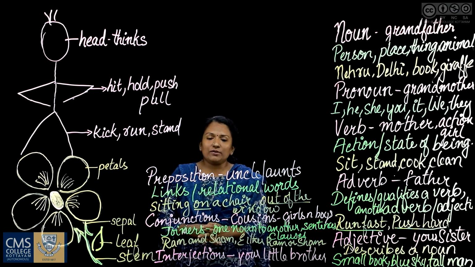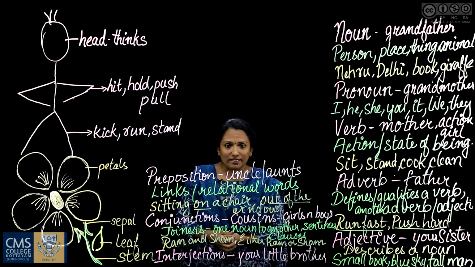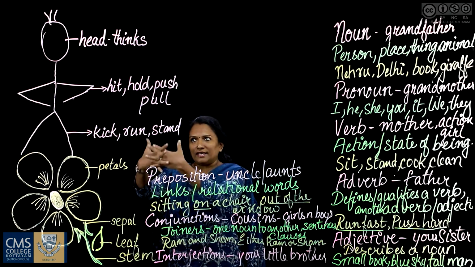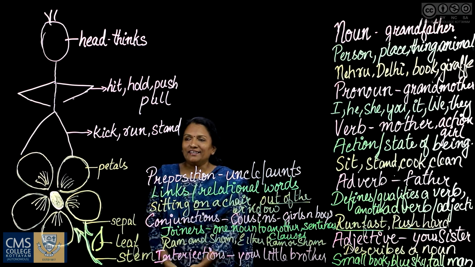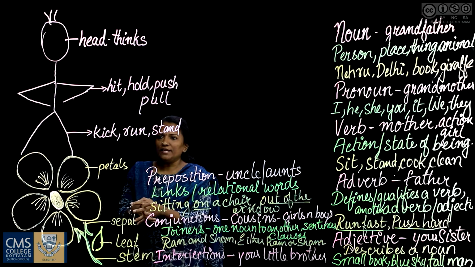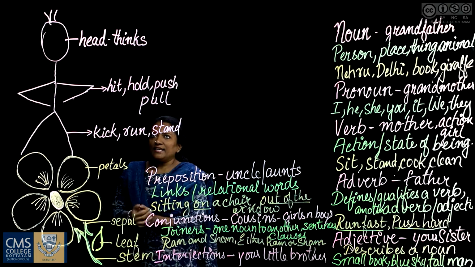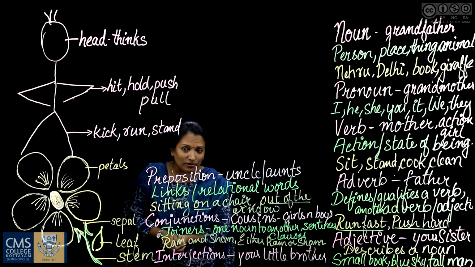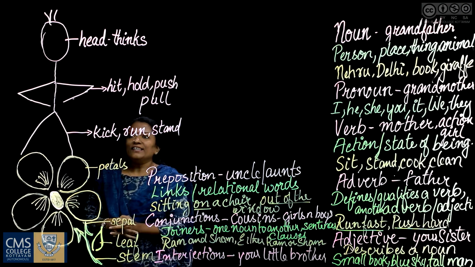Now, when you talk about the parts of speech, I always feel they resemble the parts of our body. I have drawn a figure here. If you think of the parts of the body, the head, which thinks, you can also use it to hit someone.